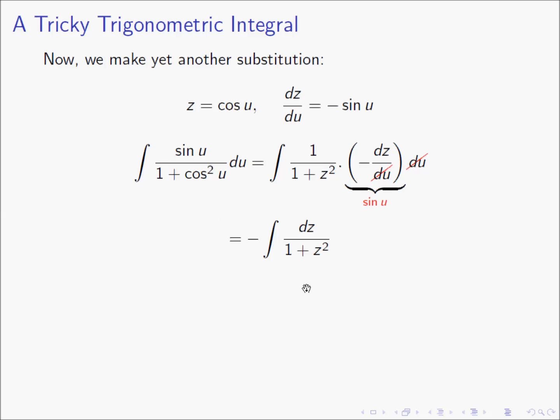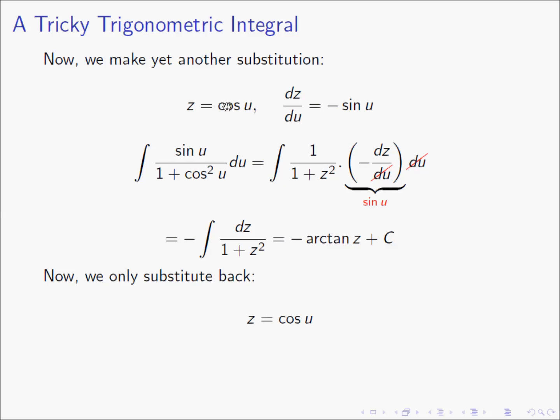This is a simple integral that you can find in your table of integrals, or simply realize that the derivative of arctangent of c equals this. So this integral equals minus arctangent of c plus C. We have our answer in terms of the variable c, so we need to substitute back. First, c equals cosine of u, but our original integral was in the variable x, so we need to substitute u also.